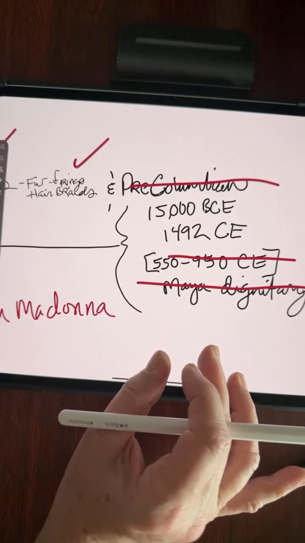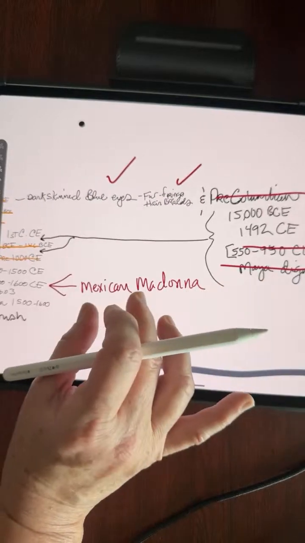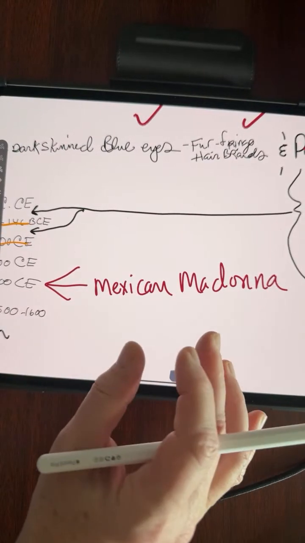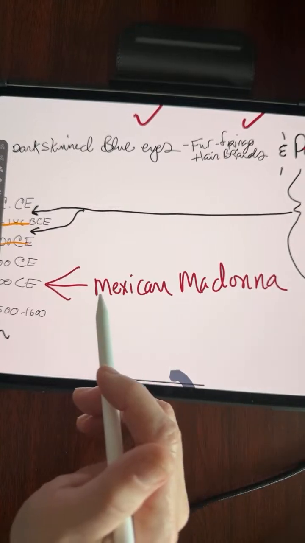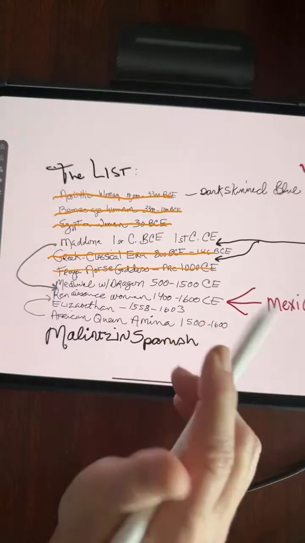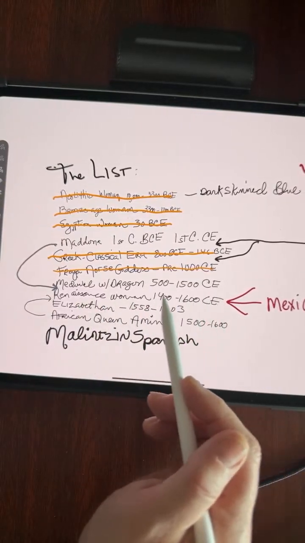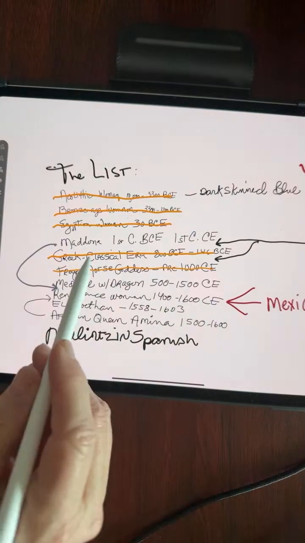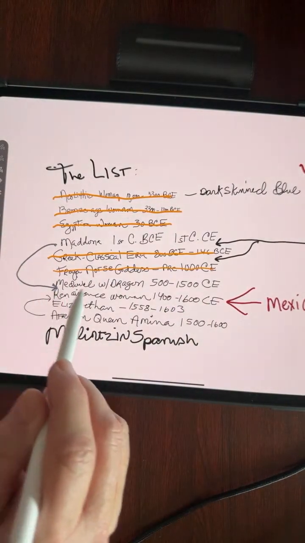There's so many images of a Madonna. But out of all the Madonna images, I love the Mexican Madonna. But that Mexican Madonna didn't come into being until about 1400 to 1600. So I moved it down here.